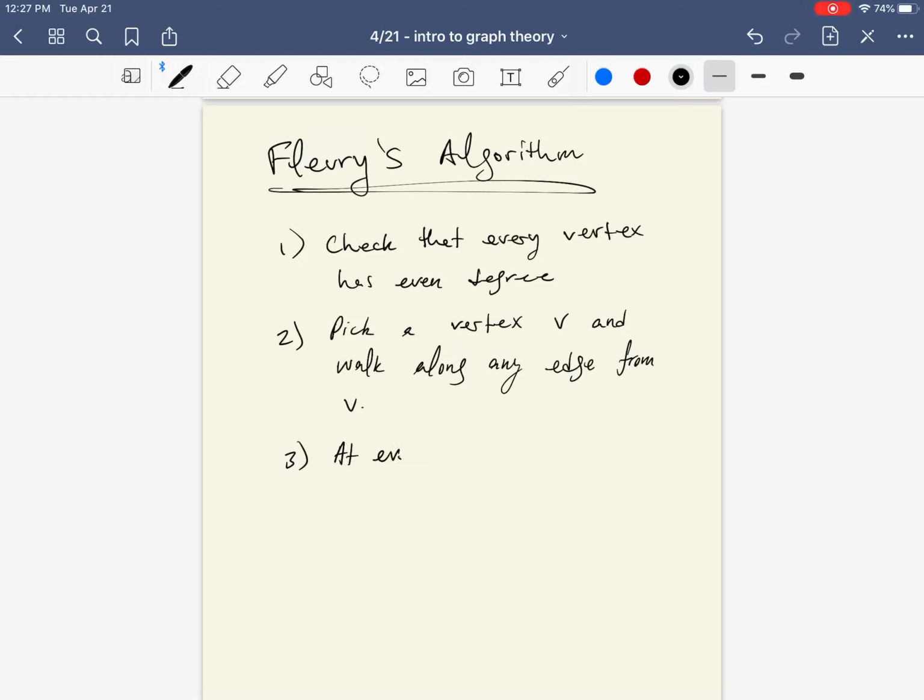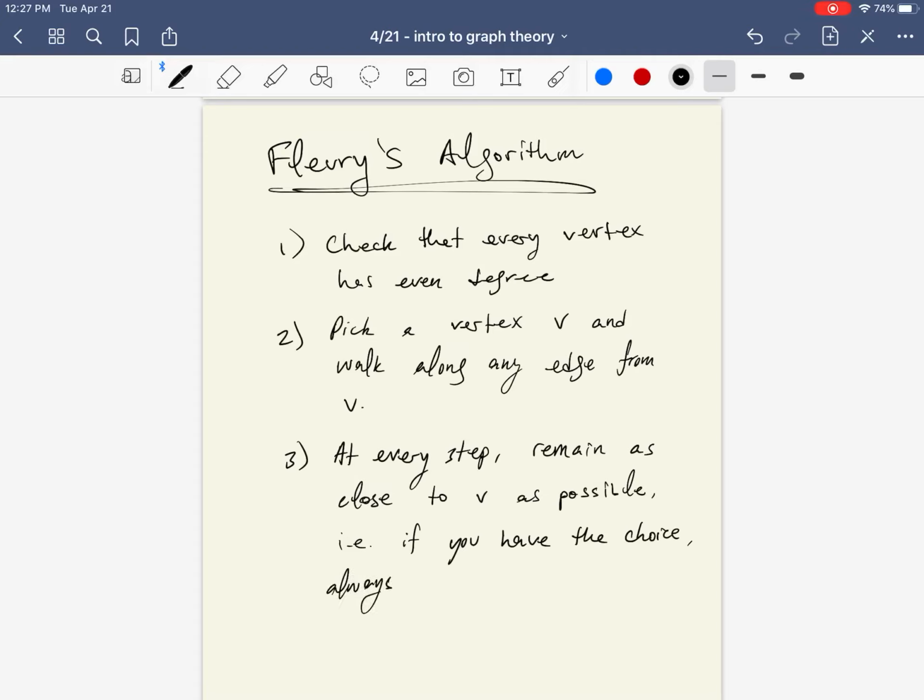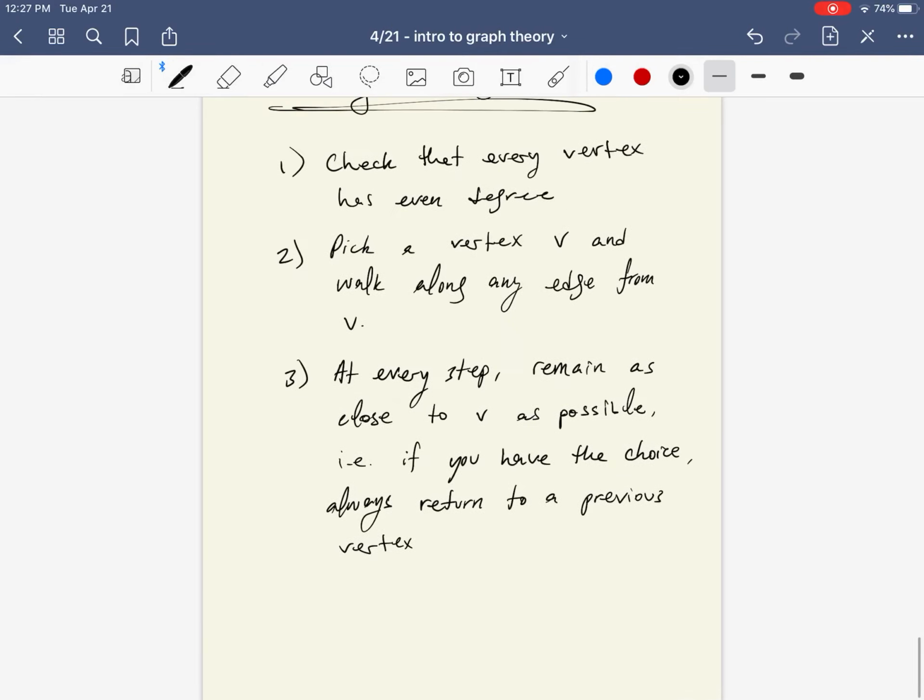At every step, remain as close to V as possible, i.e., if you have the choice, always return to a previous vertex before exploring a new one.